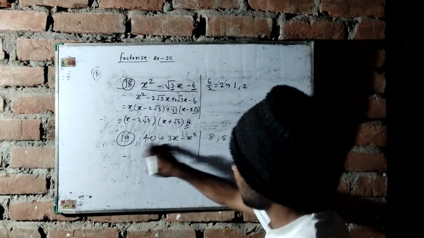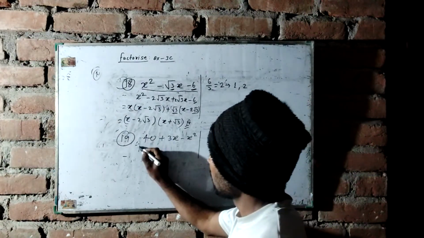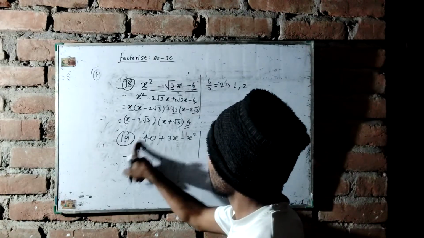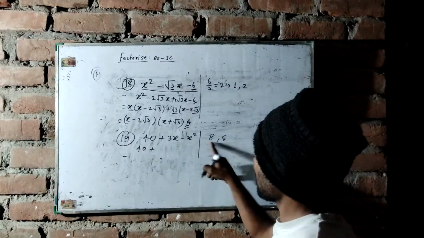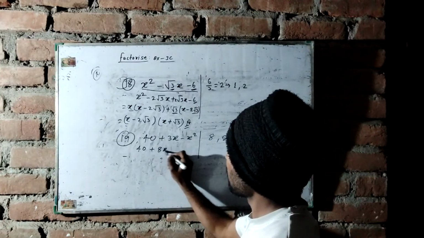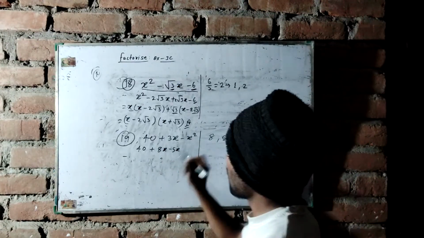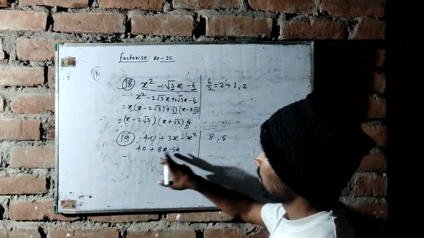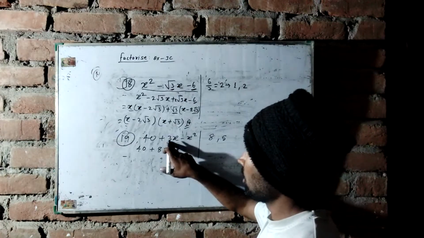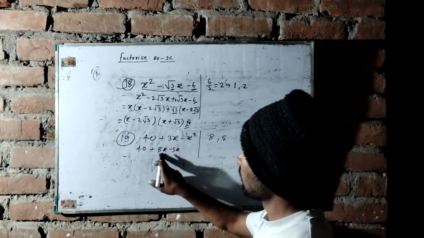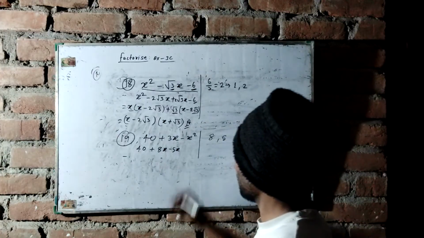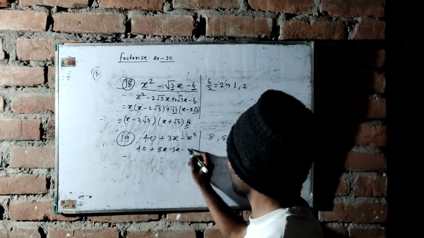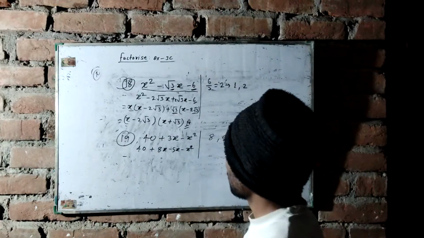So we can write this polynomial as 40 and plus 3x can be written as 8x minus 5x, because their difference will be plus 3x and their product also will be 40. Okay, so we can write here x square.